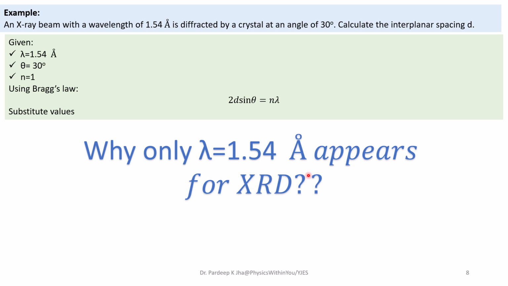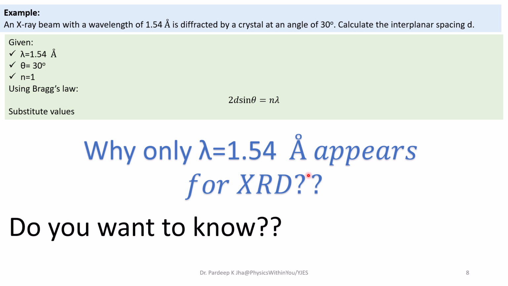Whenever you see the problems, you will see the value of lambda equal to 1.54. It's because... you want to know. Please comment for me, then I will answer.